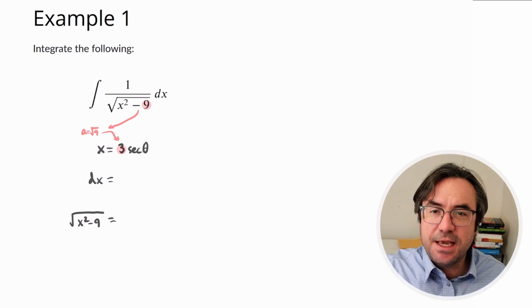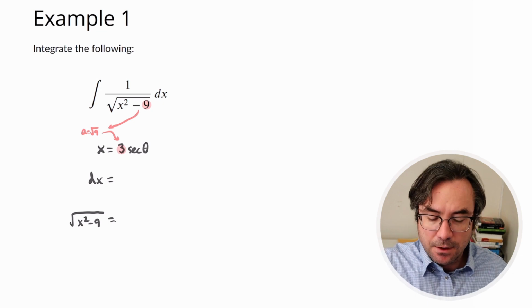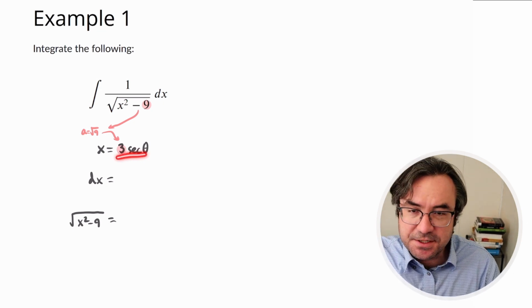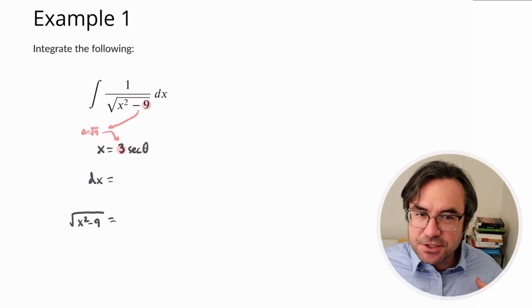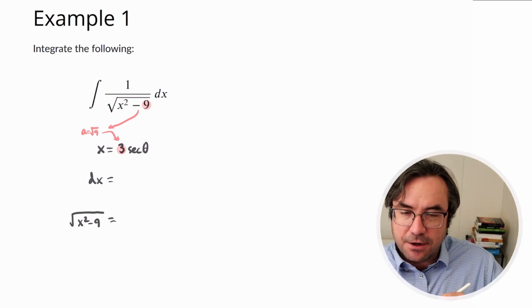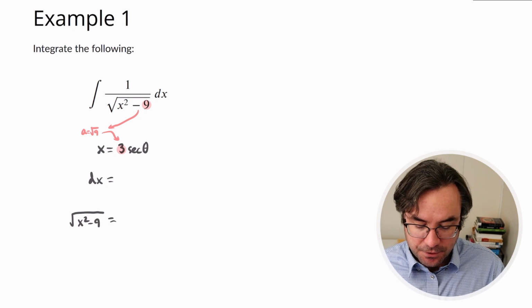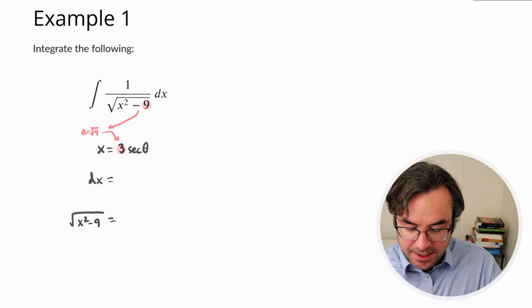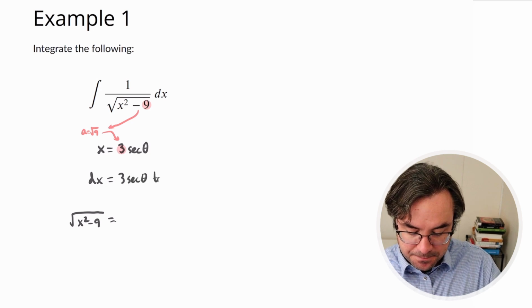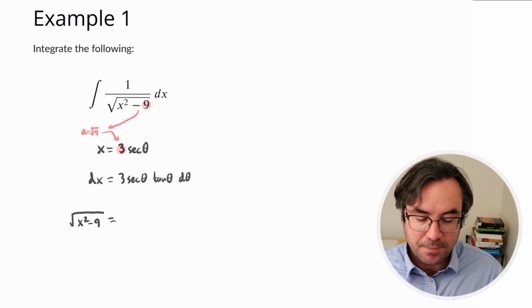So 3 times secant theta. All right, so now once we've made this decision, the rest of it just kind of comes along. So from here, we calculate the differential. The derivative of 3 times secant is going to be 3 times secant tan, with our new differential d theta.